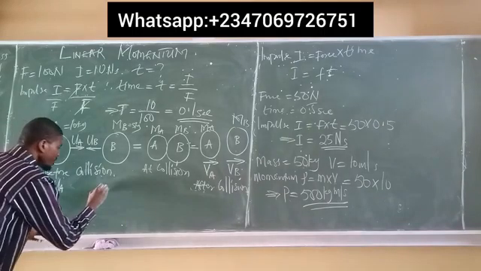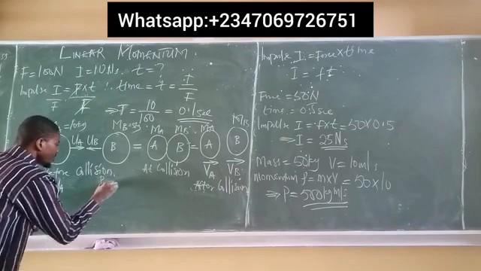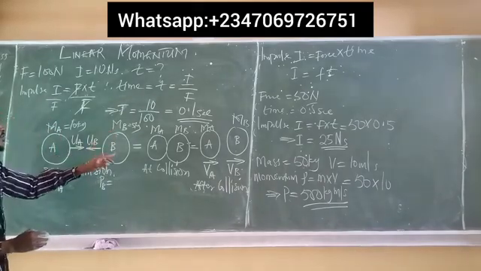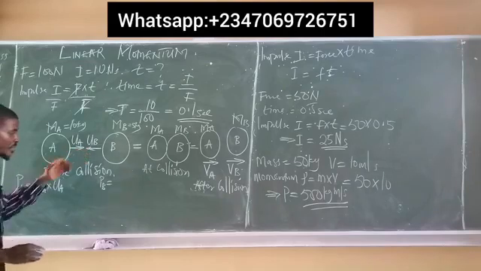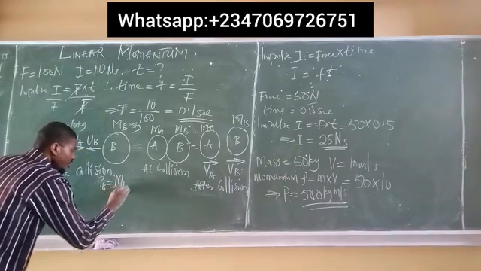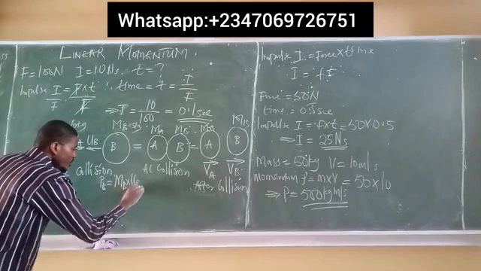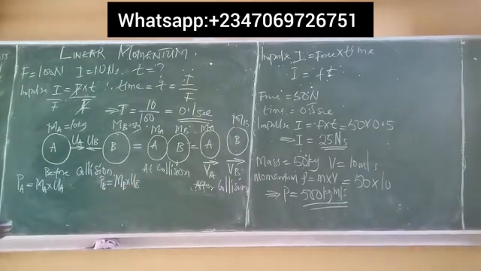Also, the momentum of body B before collision, call that Pb, is the mass of object B multiplied by its speed ub. So you have mb multiplied by ub. Now, the law is simply saying that the sum of momentum before collision is equal to the total momentum after collision.